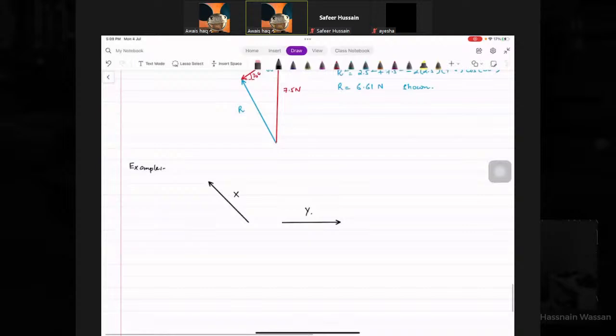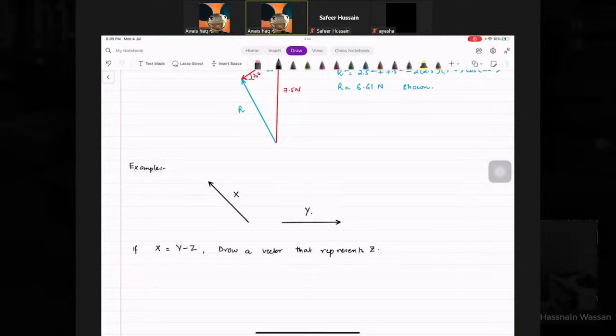Now they say that if x is equal to y minus z, draw a vector that represents z.